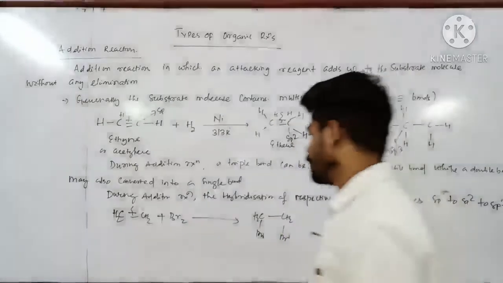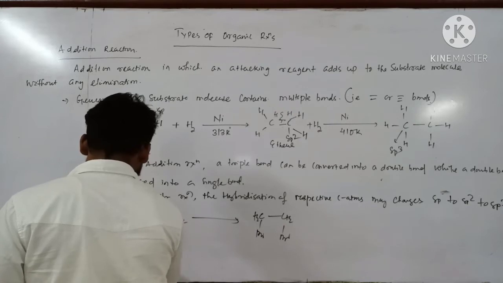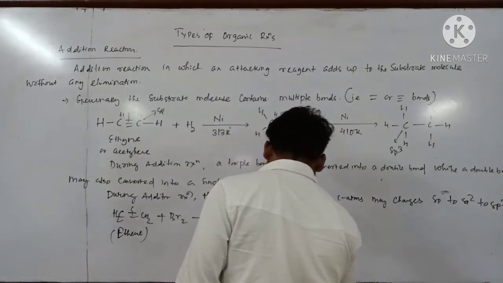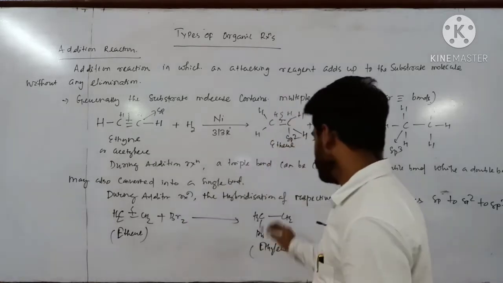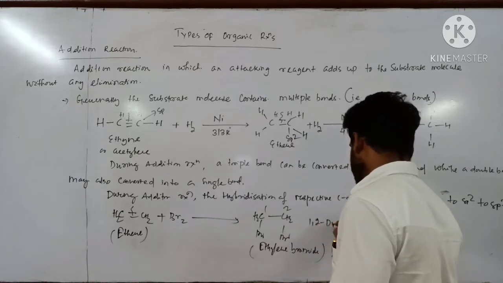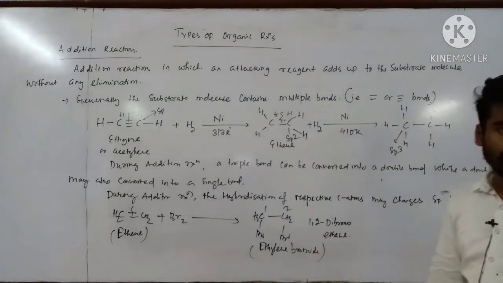Okay, so the reactant is called ethene. You can say this product as ethylene bromide, or if you write down its IUPAC name, that is 1,2-dibromoethane. Clear?